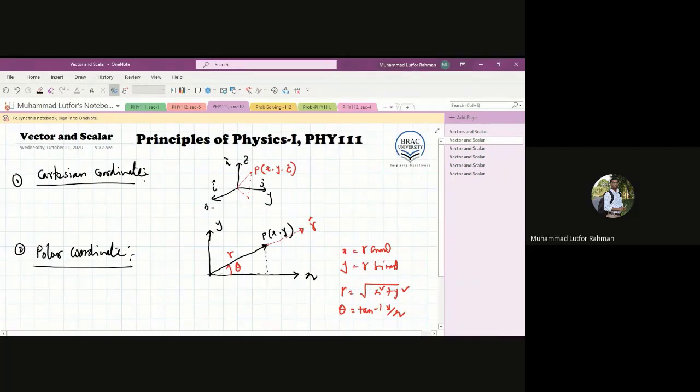Similarly, this is the incremental direction of r. And what is theta? Theta increases towards this direction, so I can say theta hat is another unit vector in the polar coordinate system. These are the two unit vectors for polar coordinates.